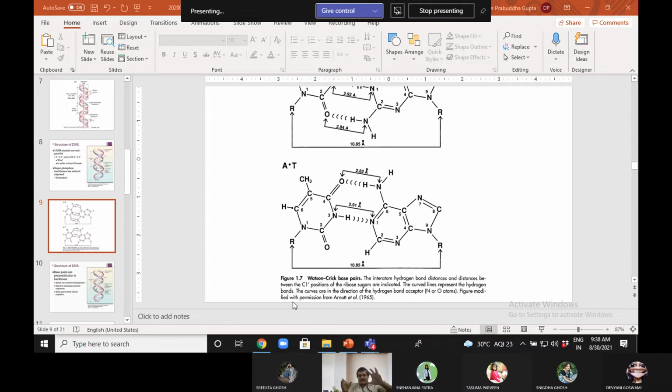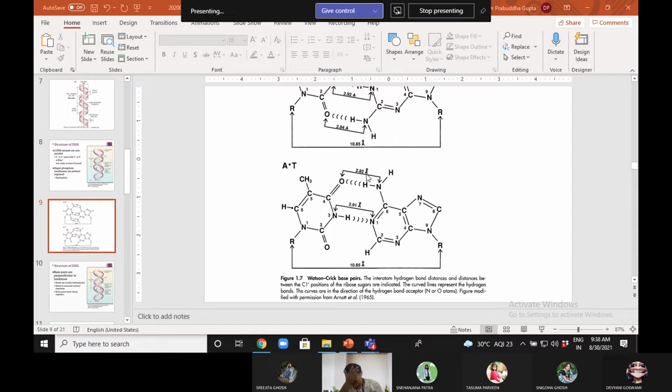So these are the two bases, and at this point they are attached to the backbone, which is going penetrating your computer screen. The distance between these two points is 10.85 angstrom, and the distance of the total hydrogen bond is 2.81 angstrom.